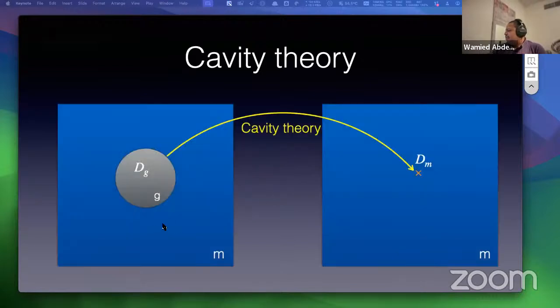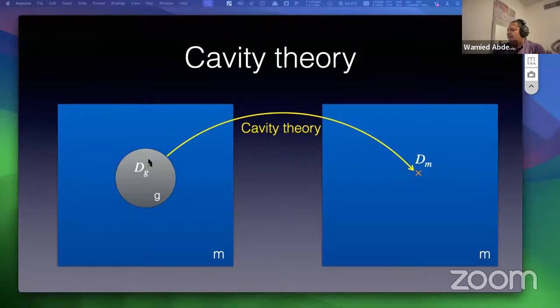This is graphically shown by this diagram. We have a dosimeter, and usually we measure the dose inside this dosimeter, which is made out of a material different from our medium of interest. The medium of interest is surrounding the dosimeter. Suppose we were able to determine the dose in this dosimeter or in this cavity.